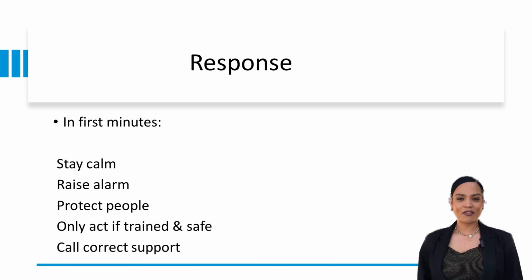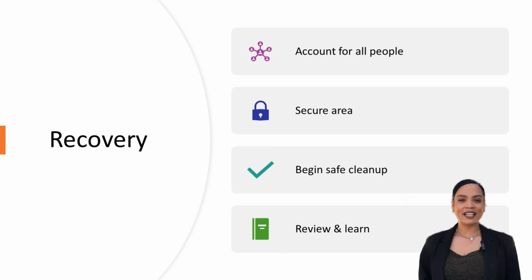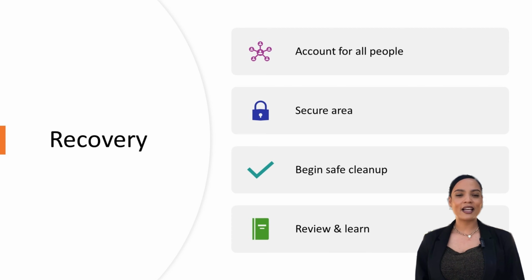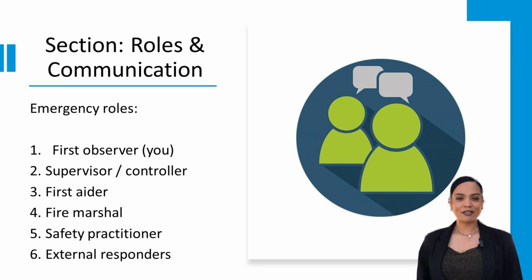Response is what we do in the first minutes: raise the alarm, make people safe, isolate energy or product flow if trained and safe to do so, and call the right help. Recovery is stabilizing the situation after the event: accounting for people, medical care, cleanup, restarting operations safely, and learning from what happened.